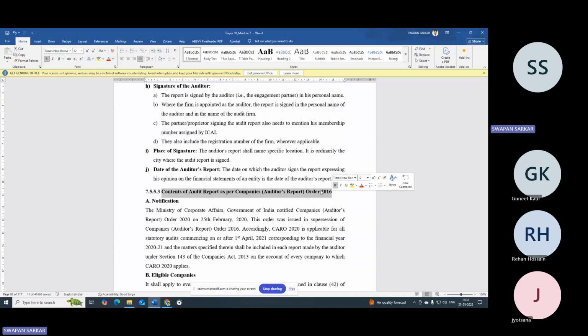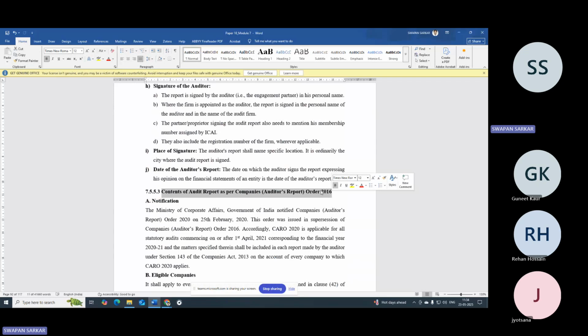First of all, the notification. The Ministry of Corporate Affairs, Government of India notified CARO 2020 on 25th February 2020. This order was issued in supersession of the Companies (Auditor's Report) Order 2016.